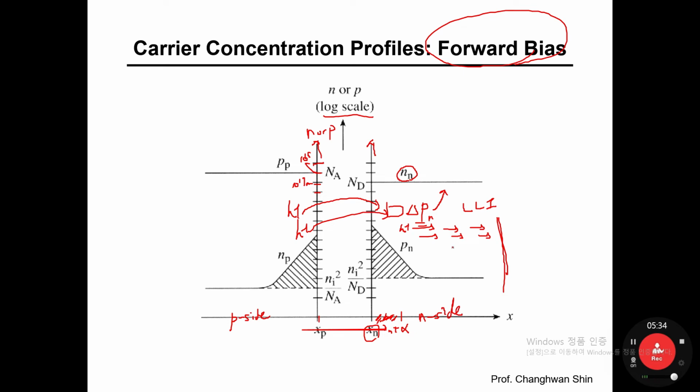Well, in the end, because of so many electrons available in the n side, all the injected holes should be recombined with electrons.